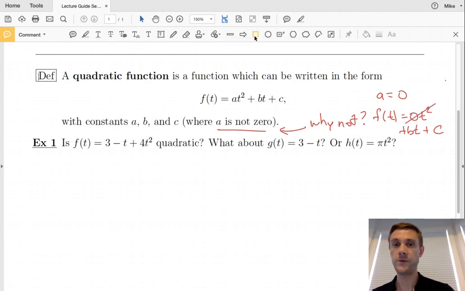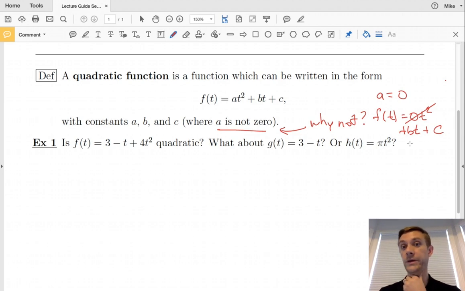Boom. And so what's left over? We have bt plus c. Well, it might not look like it right away because the letters are different, but that is a familiar function. I'll wait for you to scream it at your device. What type of function is this that's left over here?